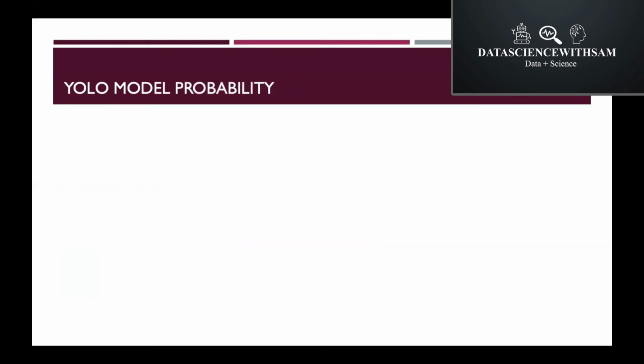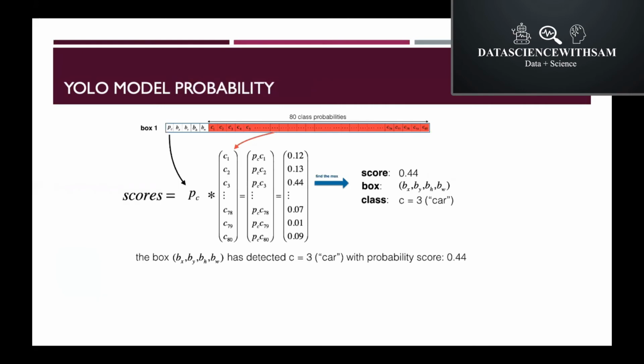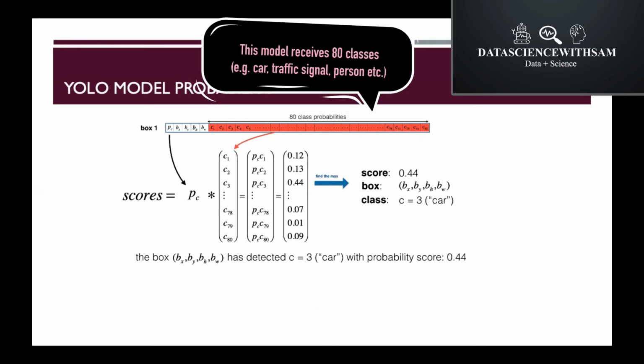Now, once we generate the output from each bounding box, how do we calculate the probability? As I mentioned, for this particular example we have 80 different classes. That means we already trained the model with 80 different objects. For example, one object may be a car, another a traffic signal, another a tree. So our computer vision model, the YOLO model, understands how a car looks and how it is distinguishable from a human being or a traffic light.